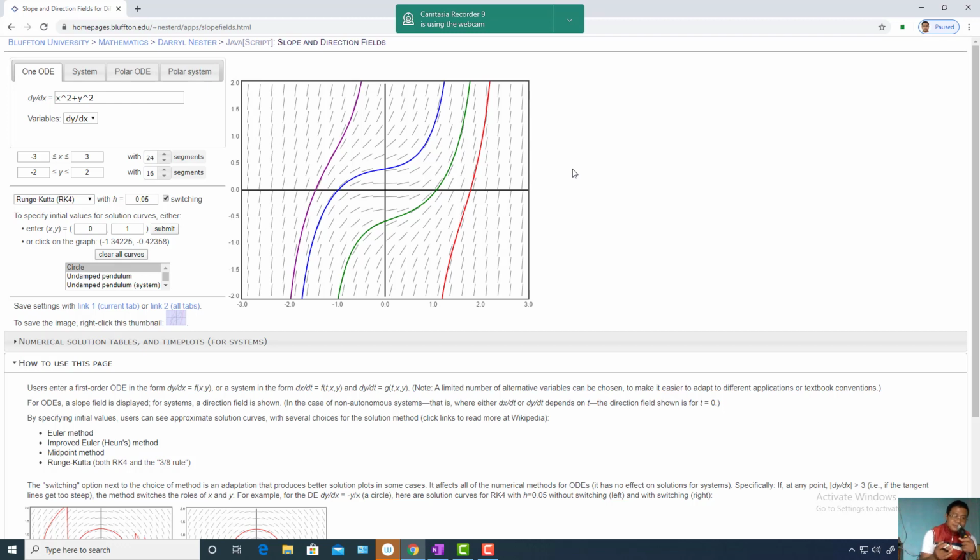Tan inverse of that value will give you the direction angle. So at that point you draw that angle. This small line segment is the direction. It is the direction of the tangent vector at that point on the curve.